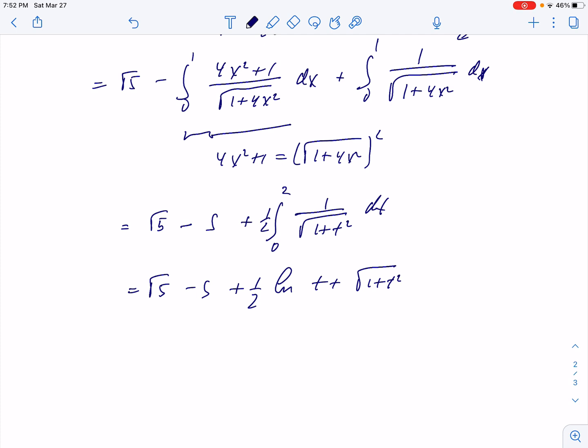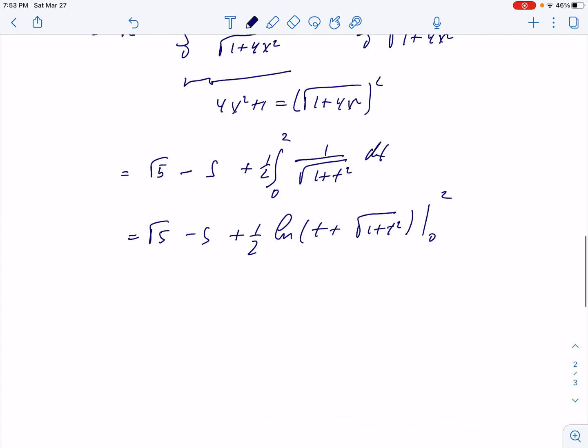We don't need absolute value, this is positive, between 0 and 2. Evaluating, this is square root of 5 minus s plus 1/2. At 2, we have 2 plus square root of 5. At 0, this will be 0, because there will be 0 in the place of t, then the radical will be 1, logarithm 1 is 0. So 1/2 natural log of 2 plus root of 5.